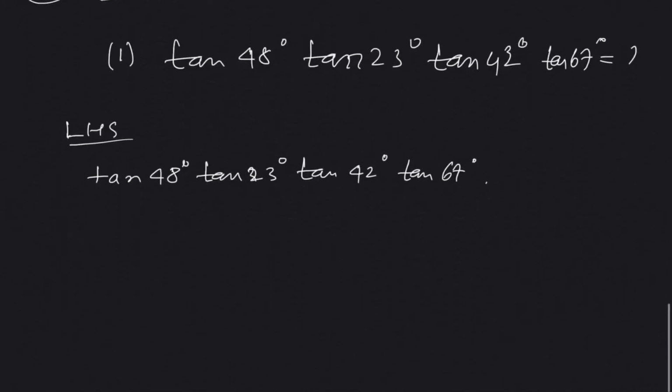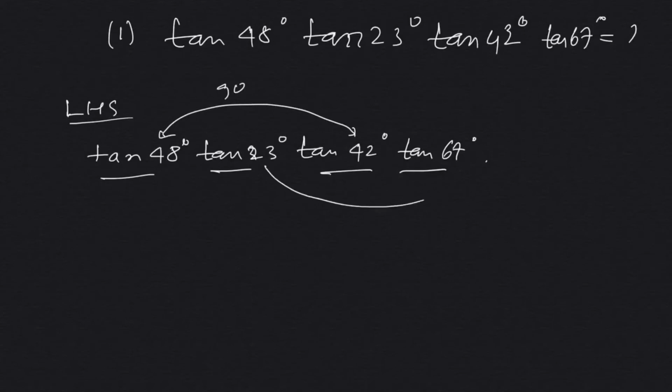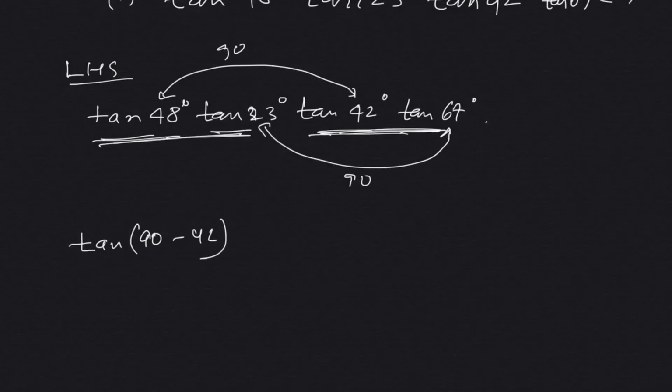If you look at these four, you will realize that 48 and 42 together make 90, and 23 and 67 together make 90. So what we would do here is leave these two as they are and convert the other two. So tan 48 can be written as tan (90 minus 42), and this one can be written as tan (90 minus 23).